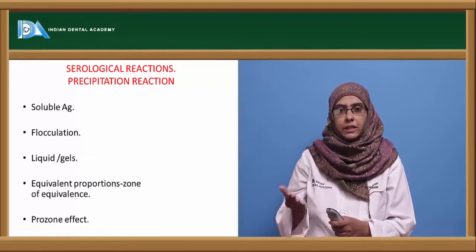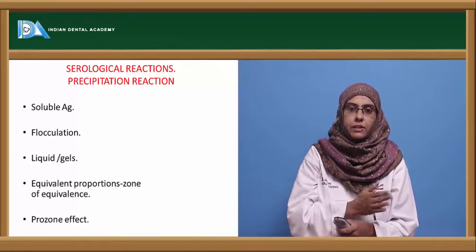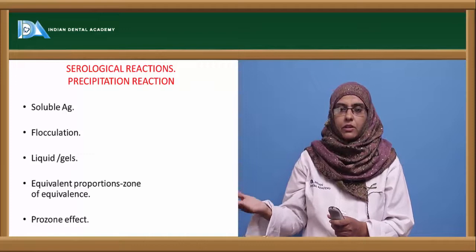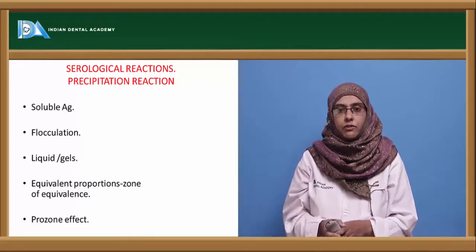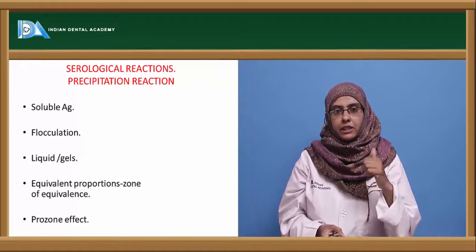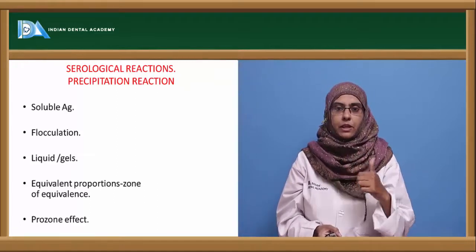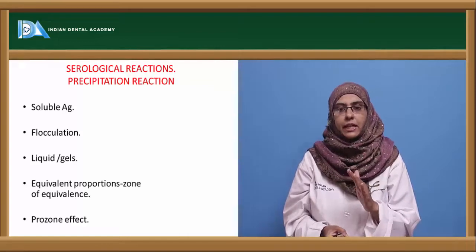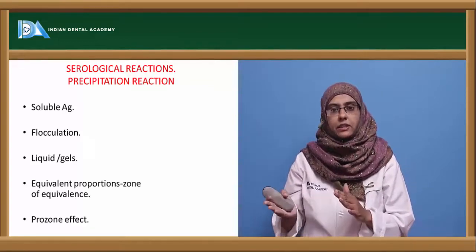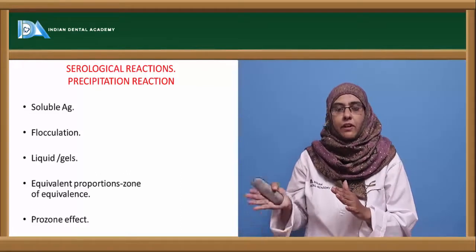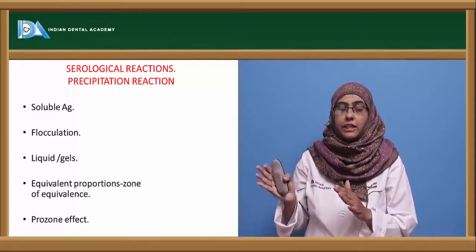The precipitate was absent in the previous test tubes and in the test tubes after the middle, or equivalent, zone. When a graph was drawn, it was seen that precipitation occurs only in the middle test tube, preceded by an inclination of the graph which shows antibody excess, and next to the equivalent zone you can see the declination of the graph where you can see the antigen excess.